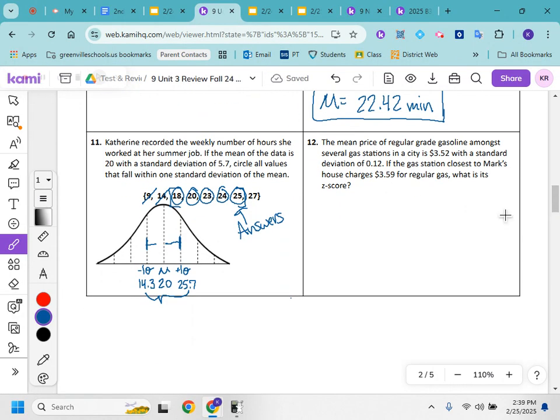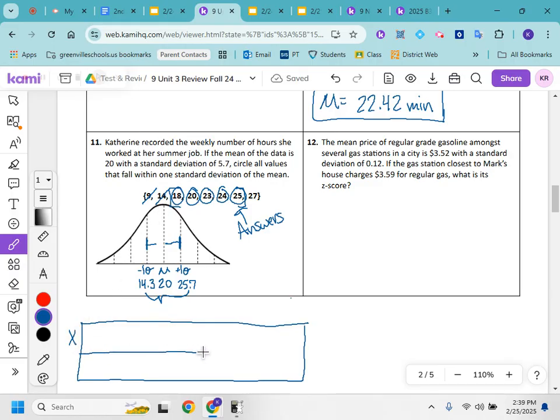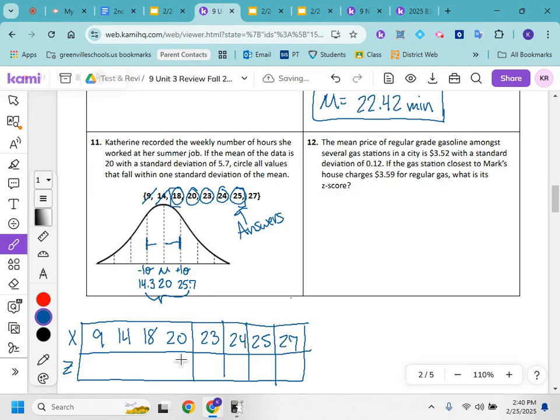If you have time on your test though, you can change every single one of these to a z-score. Right now, they are her hours, they're x's. But we can change them all to z-scores: 9, 14, 18, 20, 23, 24, 25, 27. Because we have the mean and the standard deviation.